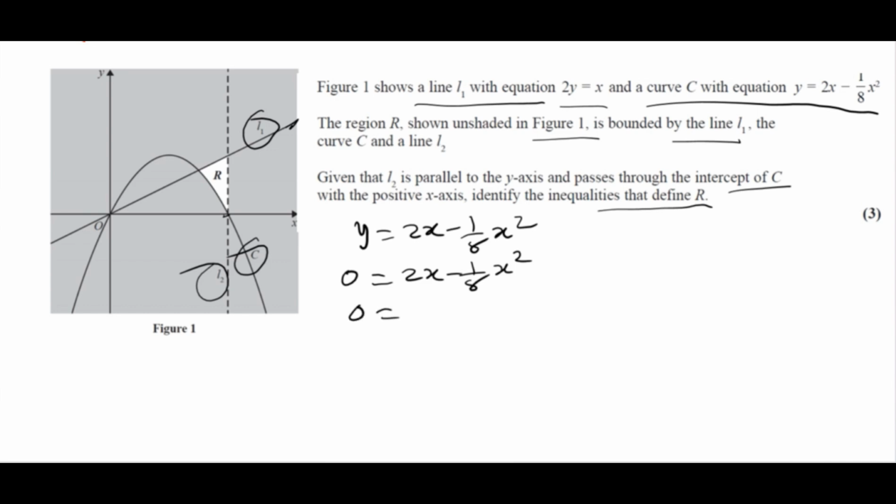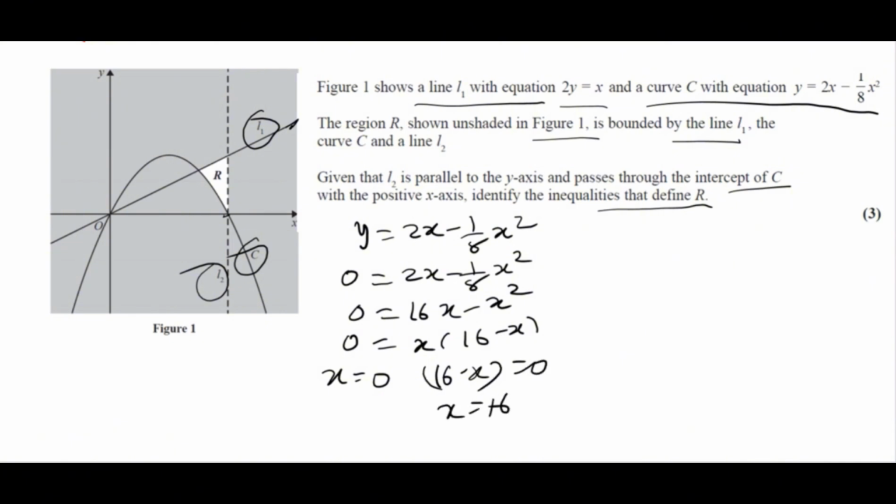So 0 is equal to 16x minus x squared. Take x common, so we will get x times (16 minus x). So we get two values: x is equal to 0, and 16 minus x is equal to 0, so x is equal to 16. That means this is our 0 point and this one is 16. So that means this line L2 is the line x is equal to 16.